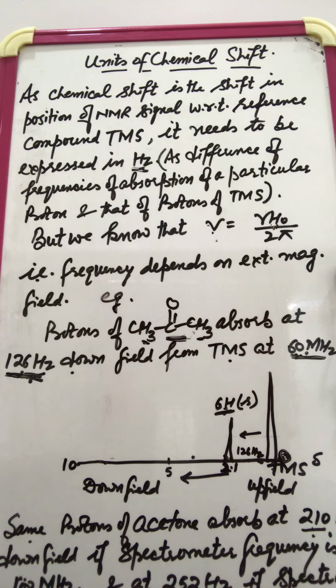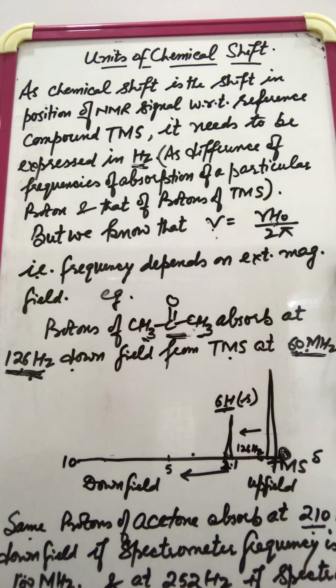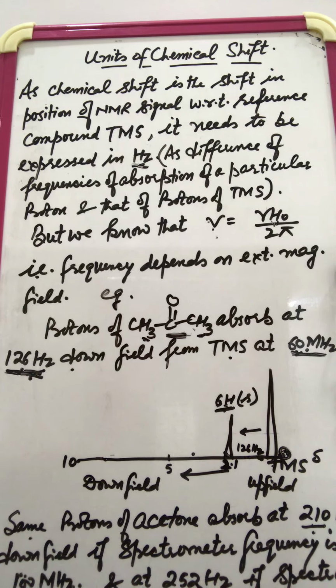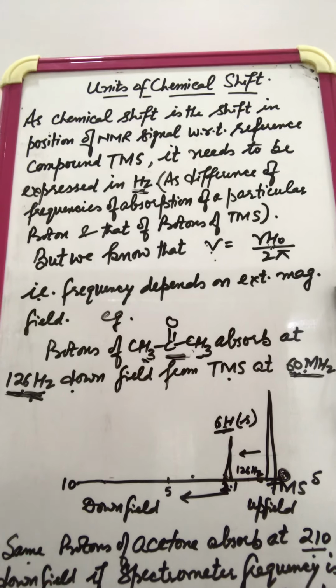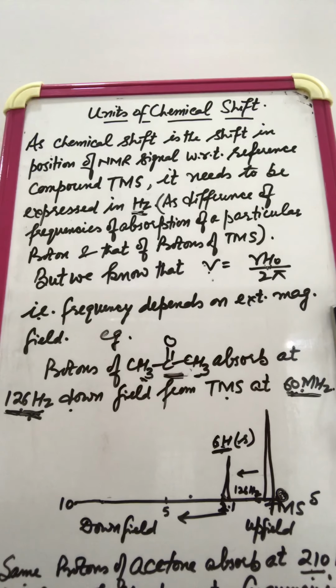In our last lecture, we discussed chemical shift, and today we'll be talking about units of chemical shift. Now we know that chemical shift is the shift in position of NMR signals with respect to a reference compound, and the reference compound that we use is TMS, tetramethylsilane.